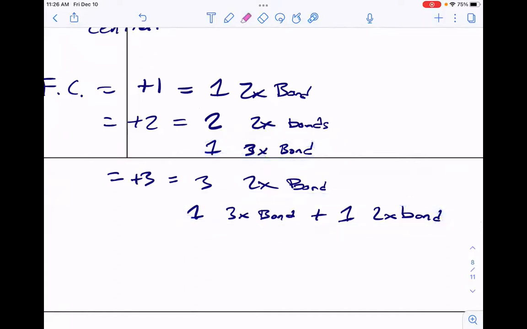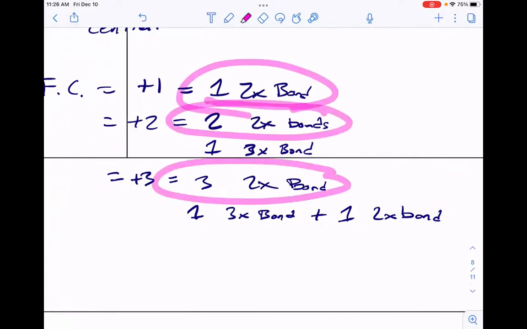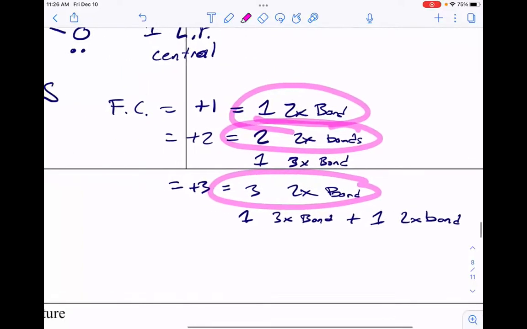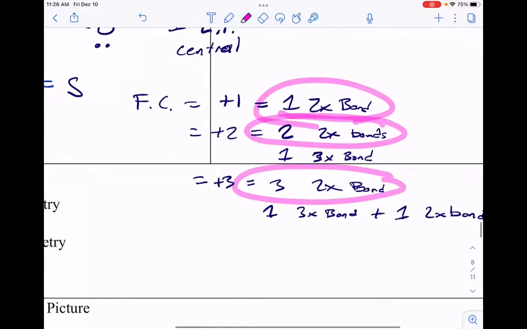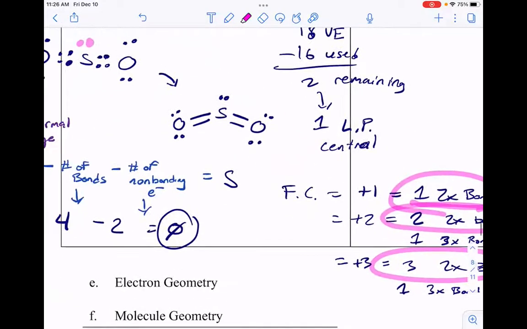So you always prioritize creating double bonds. And if you can't get the formal charge to 0, then explore triple bonds. Does that make sense?